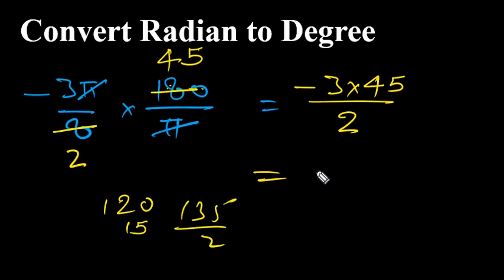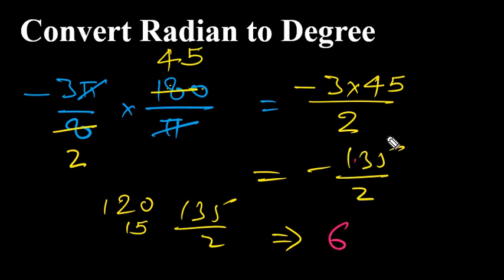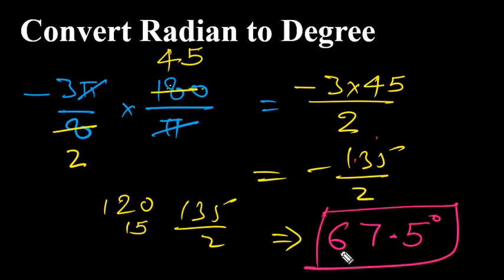So 135, divided by 2. So negative 135 divided by 2. Okay, this is coming in decimals. 13 divided by 2 is 6, 1 is the remainder, 15, 7 times 2 is 14, and this will be your answer. So negative 67.5 degrees. I'm doing all of this manually, so you can try this with the calculator.